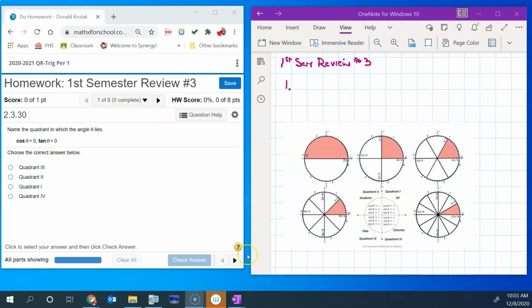All right, number 1 is telling us to name the quadrant in which the angle theta lies. And you're told that the cosine of the angle is greater than 0. So that means cosine is positive.